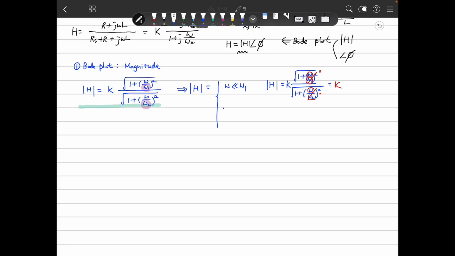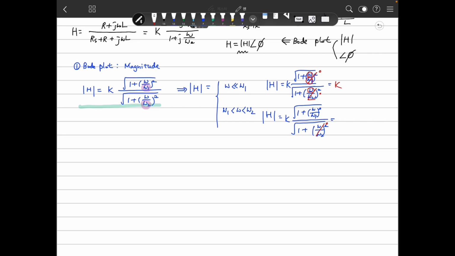When omega is between omega 1 and omega 2, then H will be k times (1 plus j omega over omega 2) over (1 plus j omega over omega 1). Because omega is higher than omega 1, but omega 1 is very small compared to omega 2, this term we can take as 0.